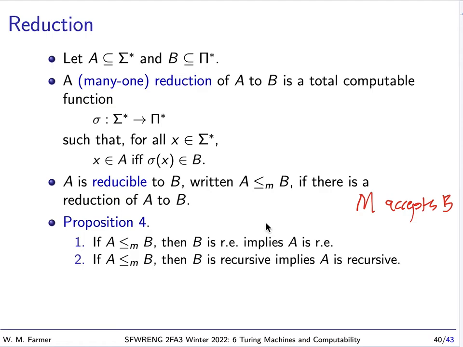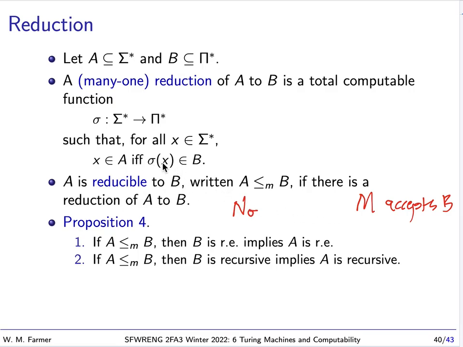Since there's a total computable function, there will be some machine for this function. I'll call it N sigma. And what we do is we give N sigma x, and it will compute sigma x.